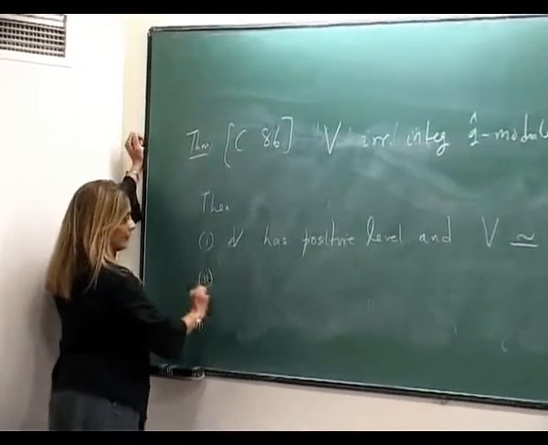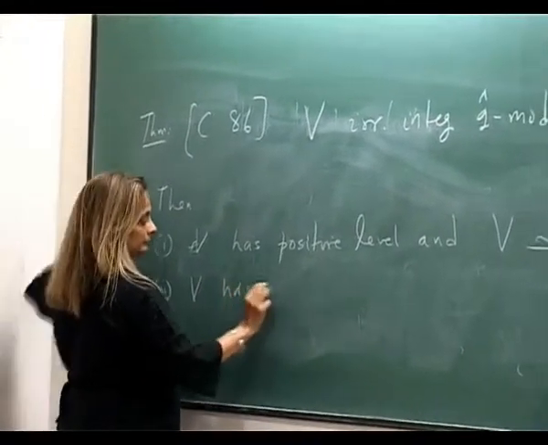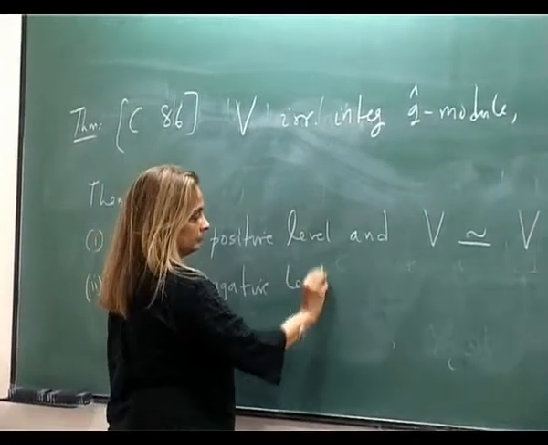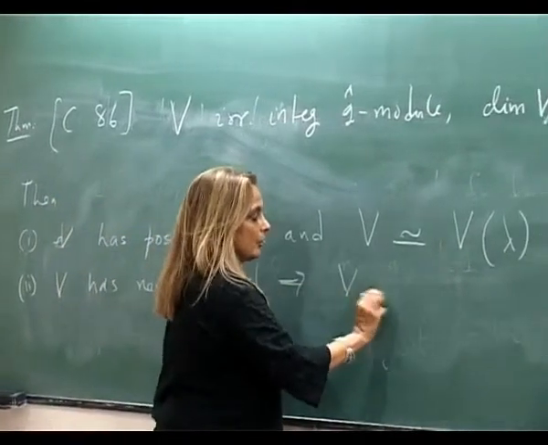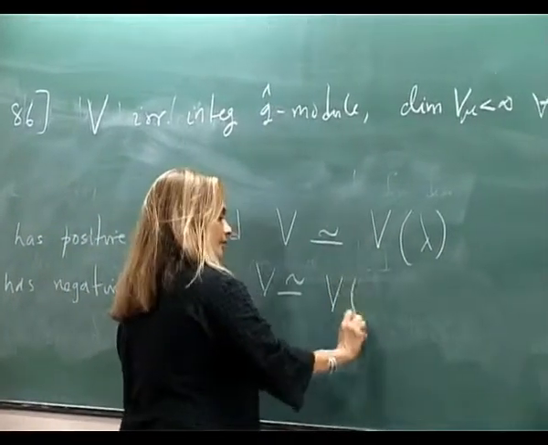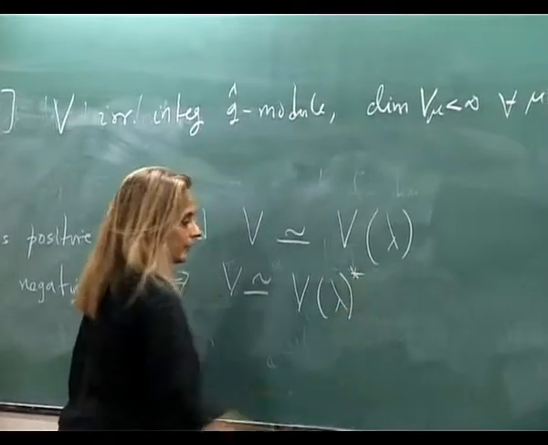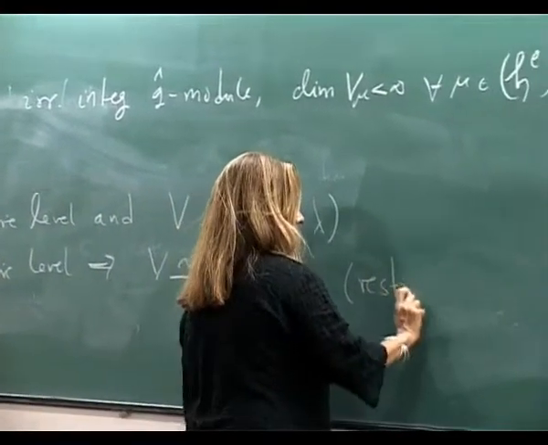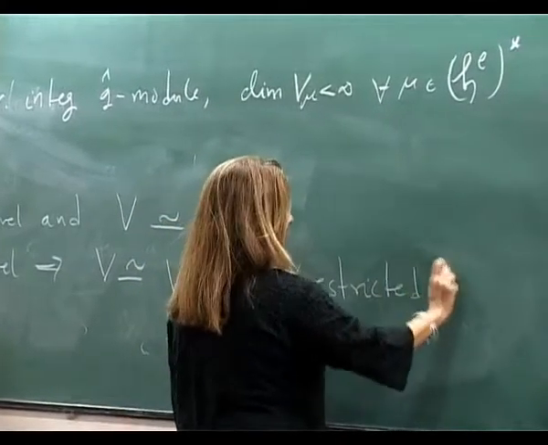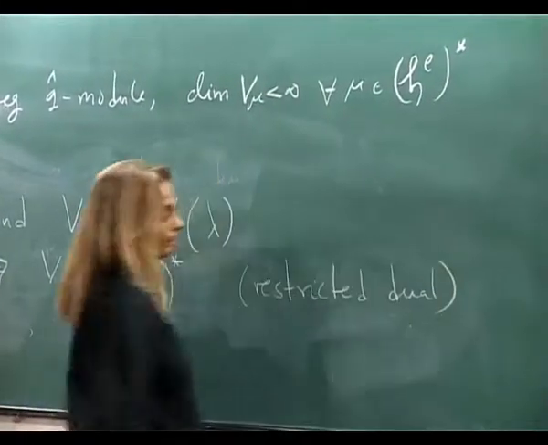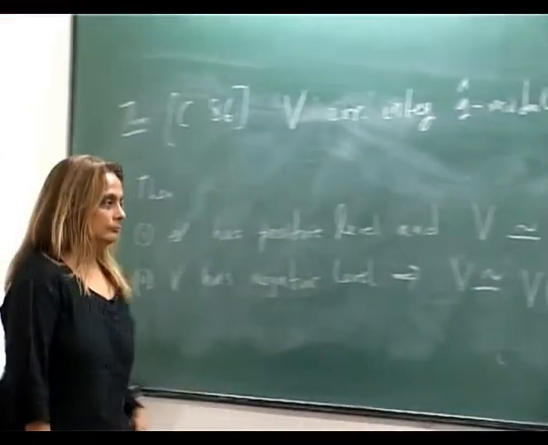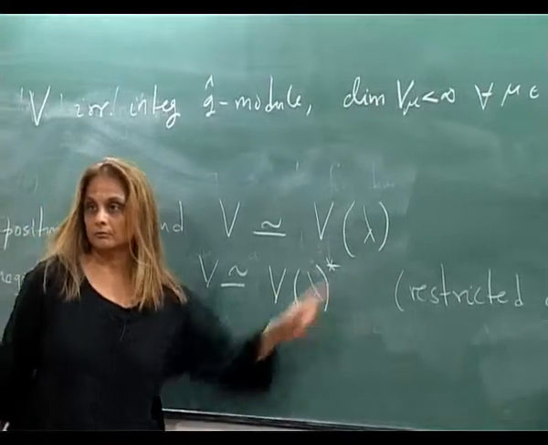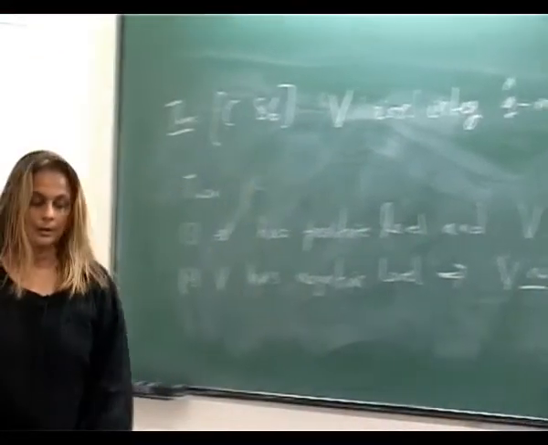So V has negative level implies that V is isomorphic to the dual of this representation suitably understood. I don't really want to go into this. This is called the restricted dual. These two representations are never isomorphic if lambda is not equal to a multiple of delta.